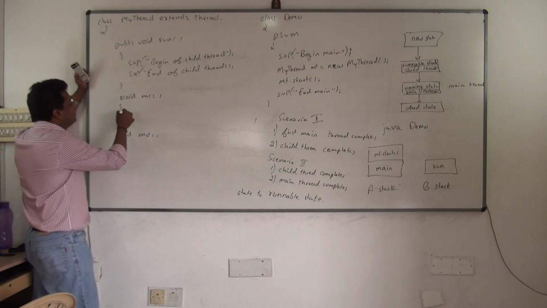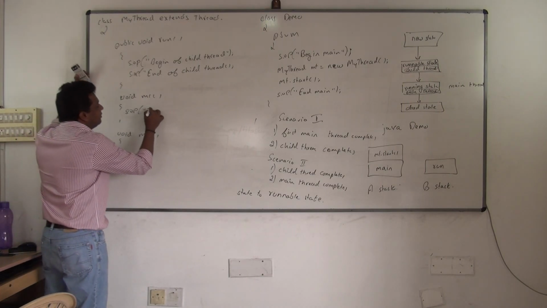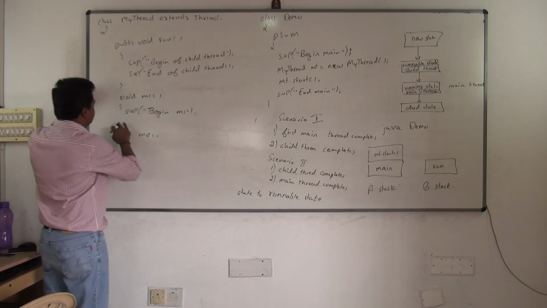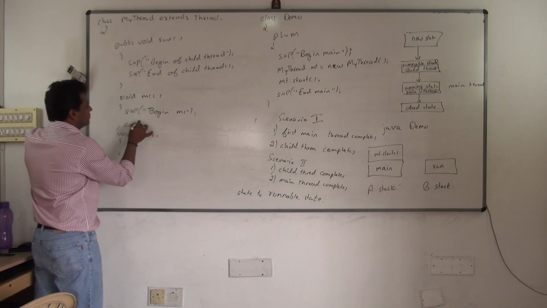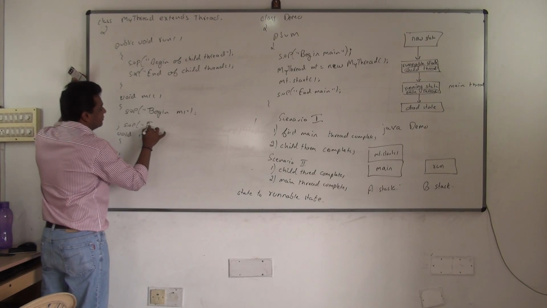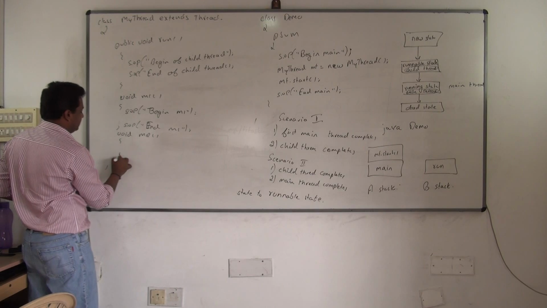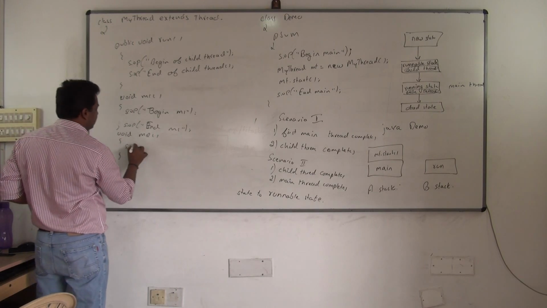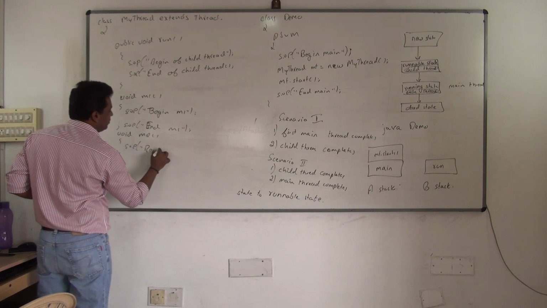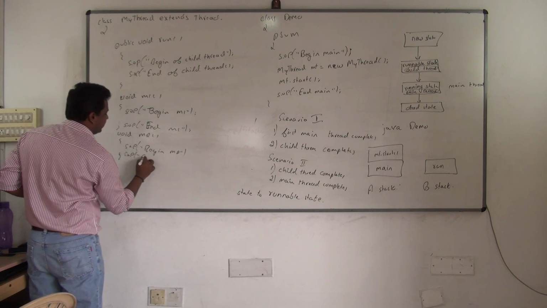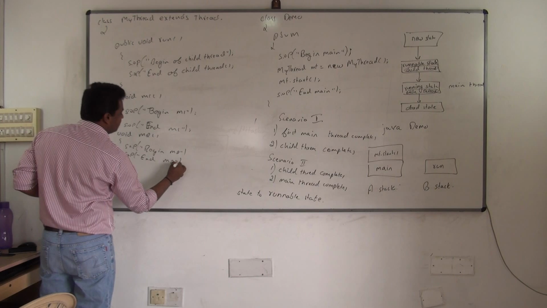And what I'll do: SOP begin M1, end M1. Again in M2, I'll write SOP begin M2, SOP end M2. Just modifying the same program.